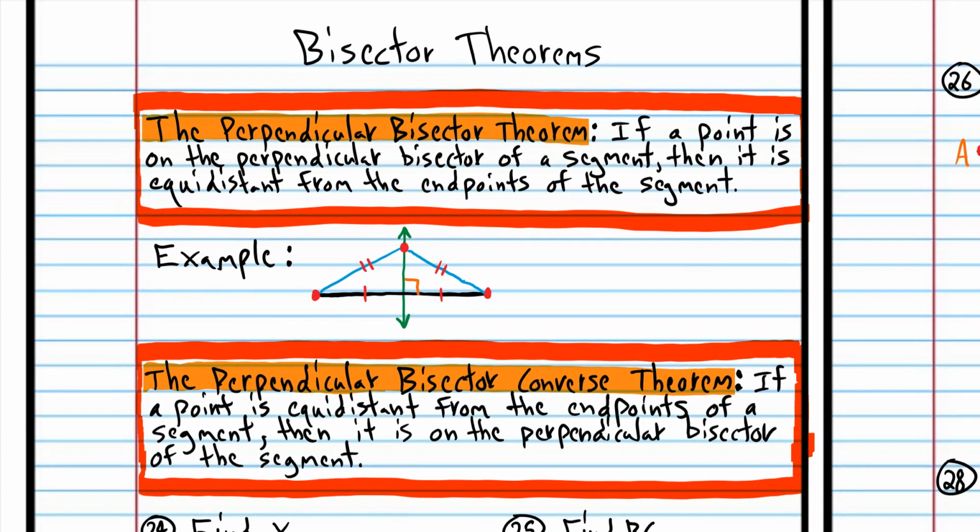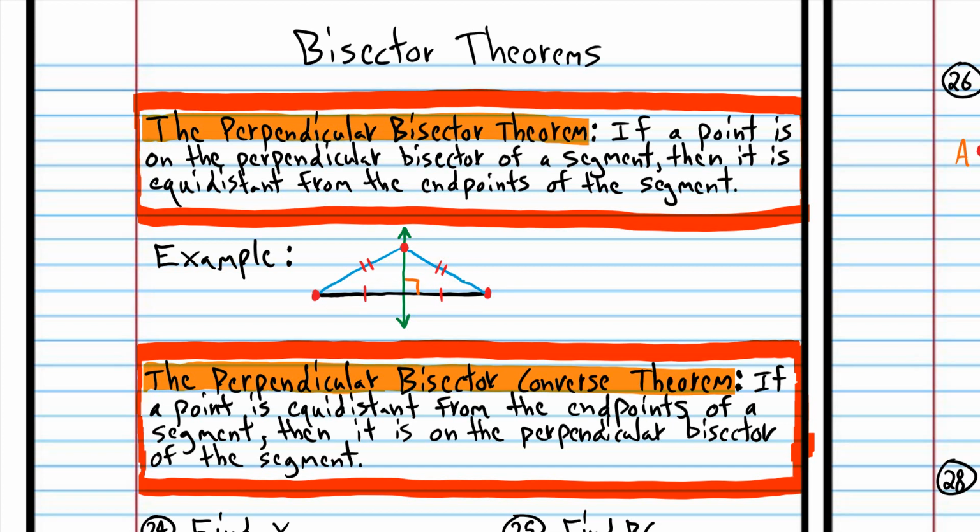Well, this green line here is the perpendicular bisector because it bisects this segment. It goes right through the middle of it. And it's a perpendicular bisector because the angle that it creates when it goes through the segment is 90 degrees.